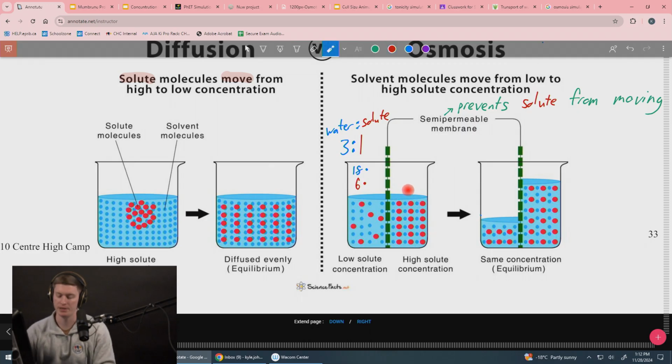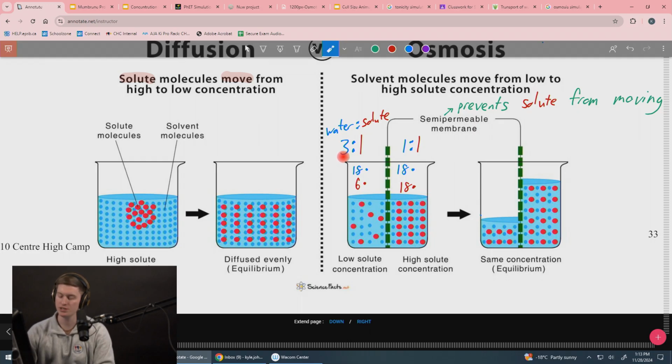On the other side of the beaker, if you counted up all of the dots here, we have 18 dots of water, and we have 18 dots of solute. This is a 1-to-1 ratio between water and solute. That means that we have a 3 times greater concentration on this side.